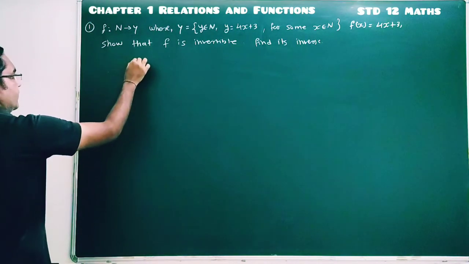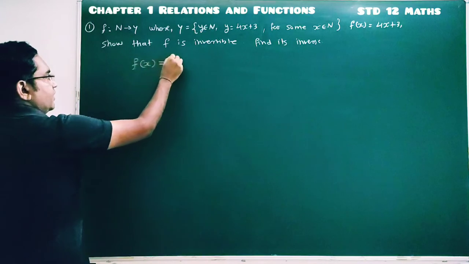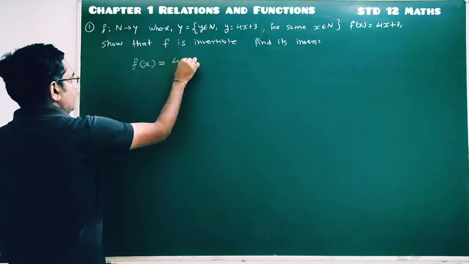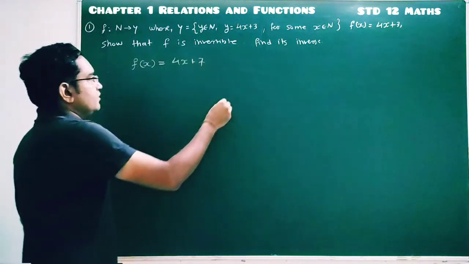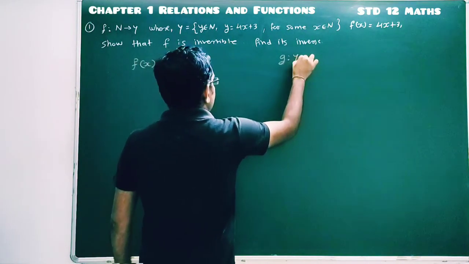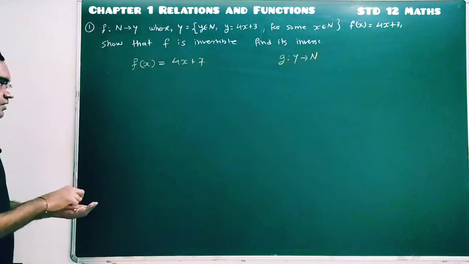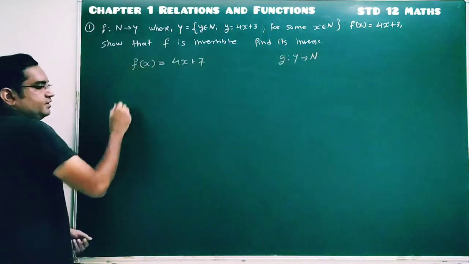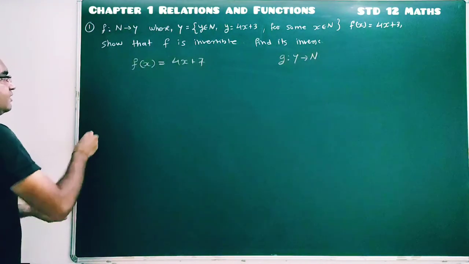So here we are given function f of x, and we have to prove that this function f of x is an invertible function. Done. So for that we require one function g from Y to N. So how to find this another function g? That function g can be obtained from the given function. So our f of x is nothing but the y.